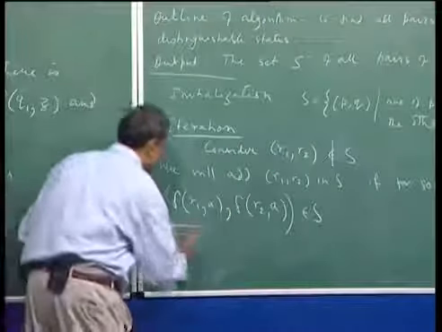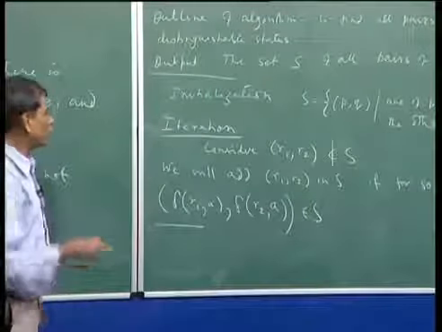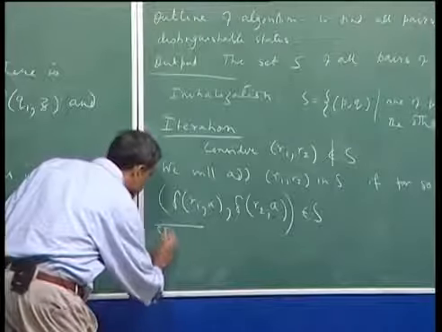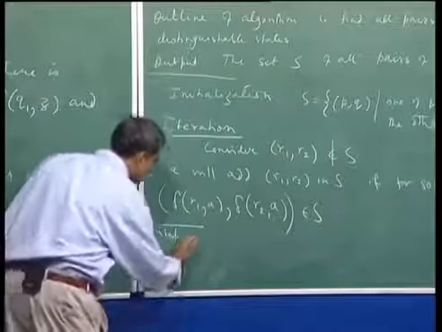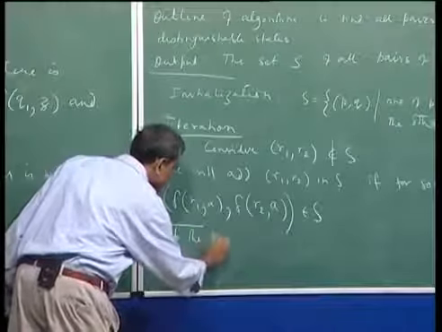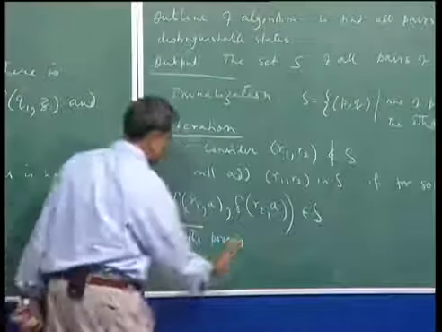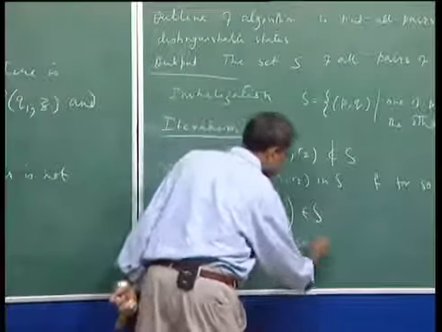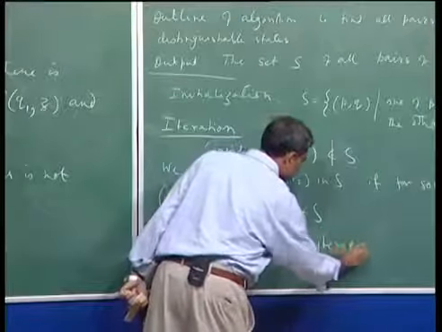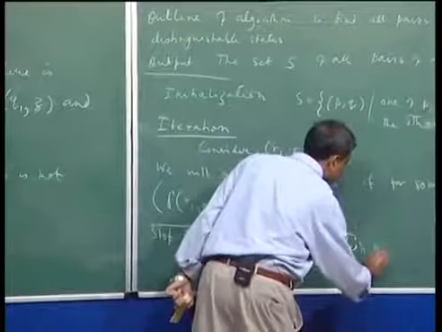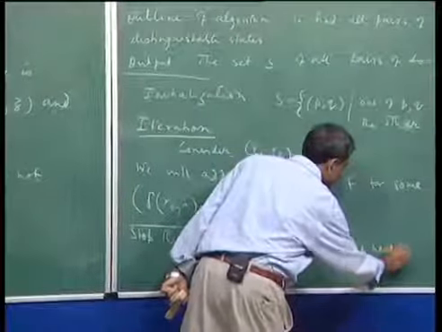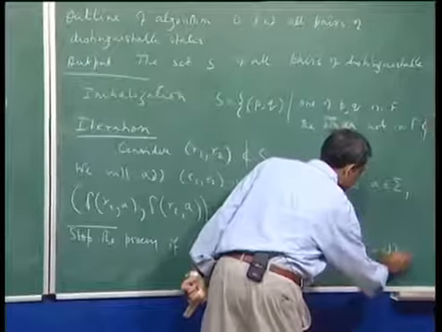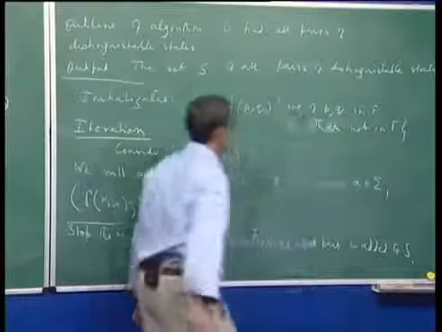And finally, we must say when to stop. So, we say stop the process if in an iteration no new pair is added to S. Okay.